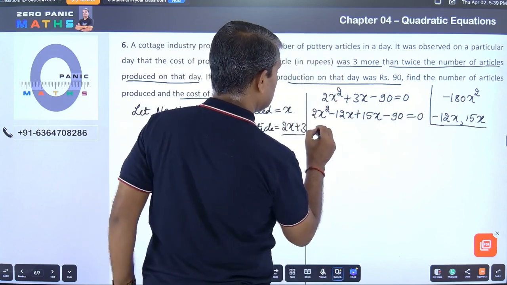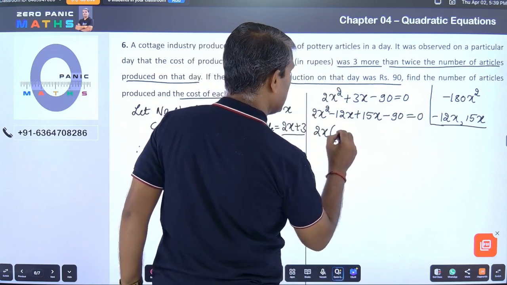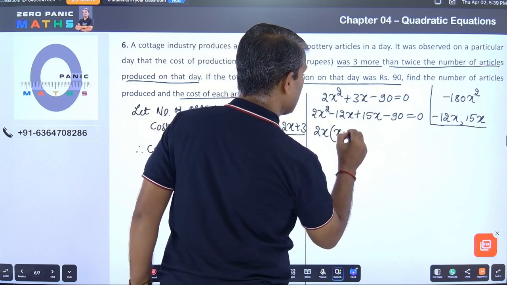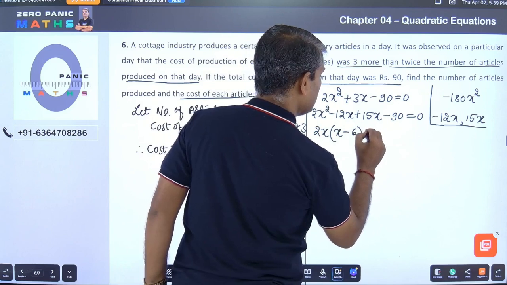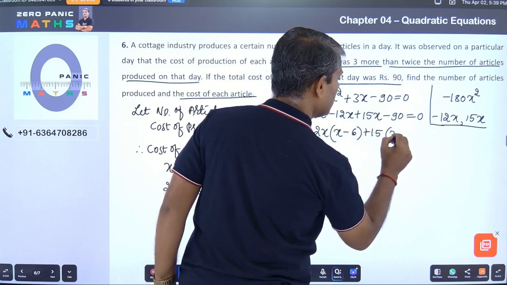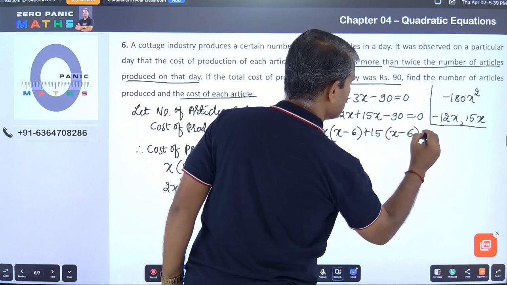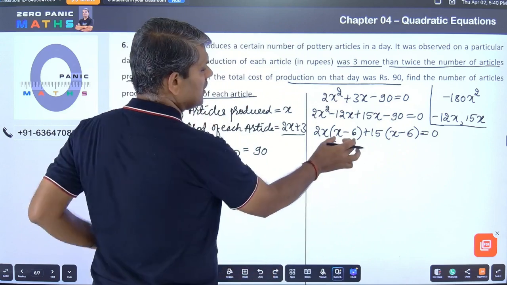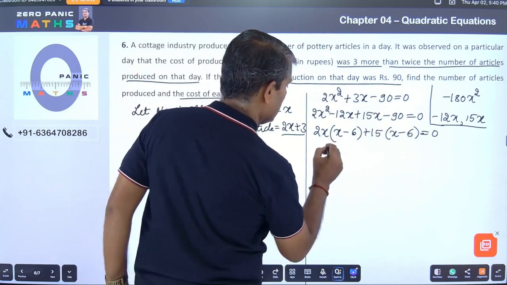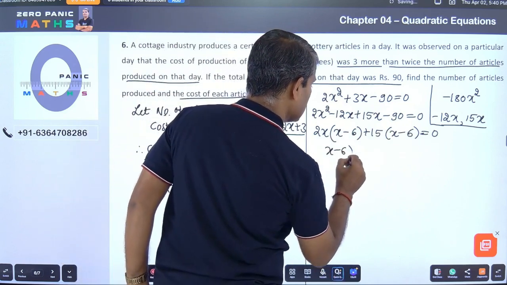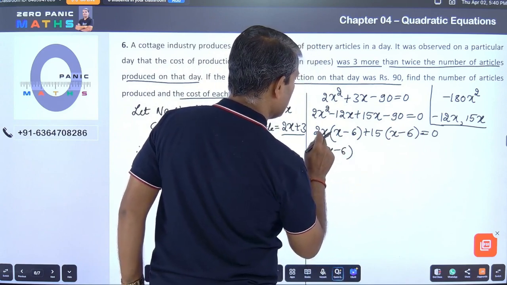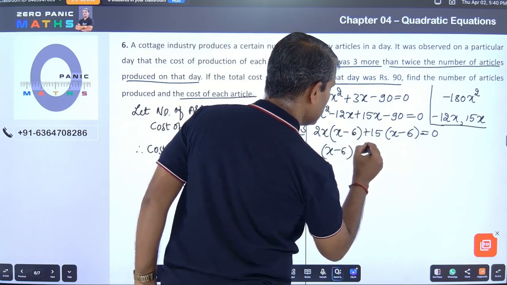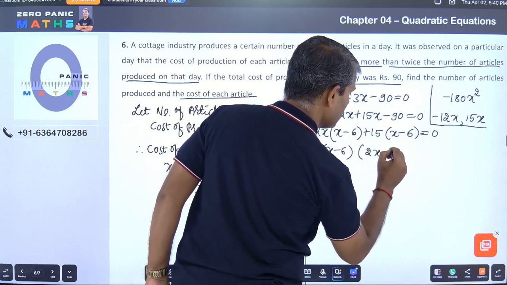So 2x common, and what remains inside is x minus 6, and 15 common, what remains inside is x minus 6. Taking x minus 6 common will leave us with 2x plus 15 inside.